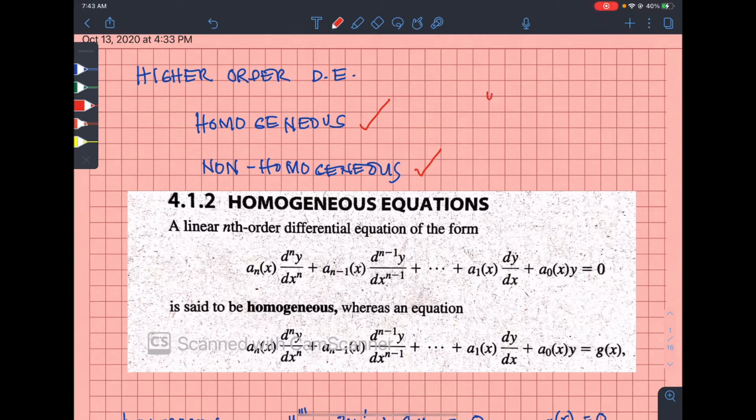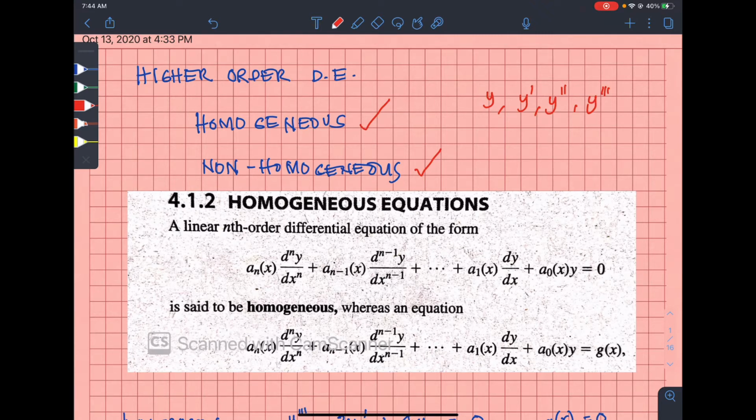Let's say it only involves y and its derivatives: y prime, y double prime, y triple prime, and so on. Therefore, that equation is considered to be homogeneous.